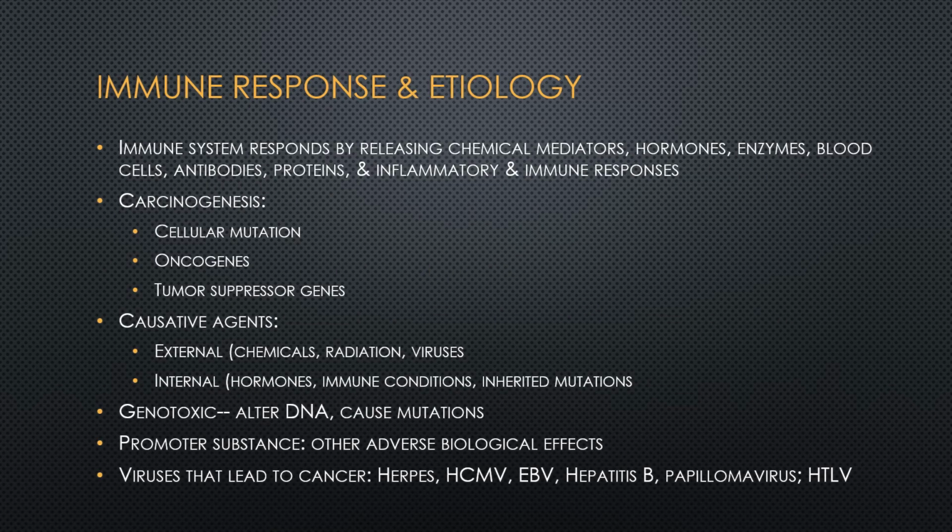For metastasis to occur, the cancerous cells must avoid detection by the immune system. They can escape detection in several different ways. Sometimes the cancer cells are very aggressive and they grow too fast to be recognized. The immune system doesn't have time to do that. And sometimes they're recognized as foreign by the immune system.